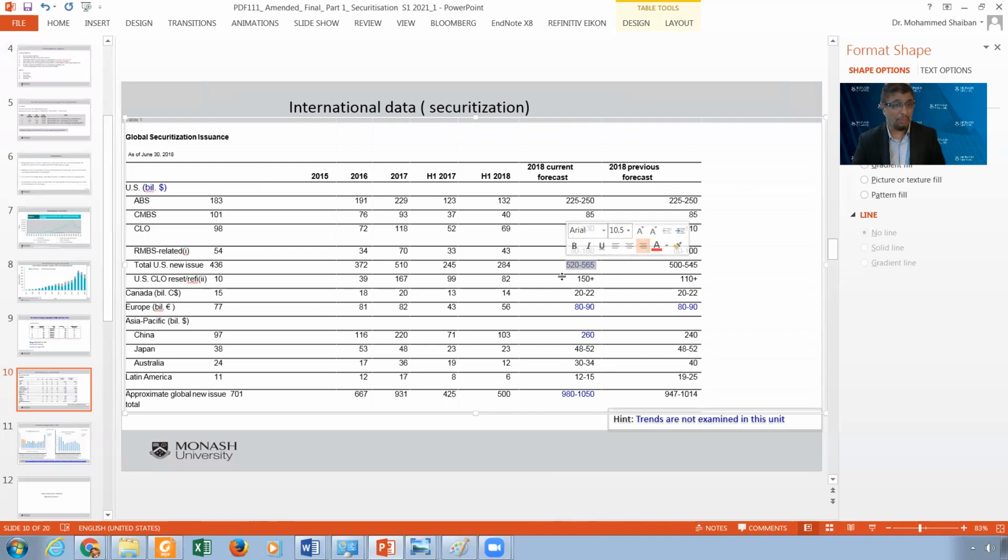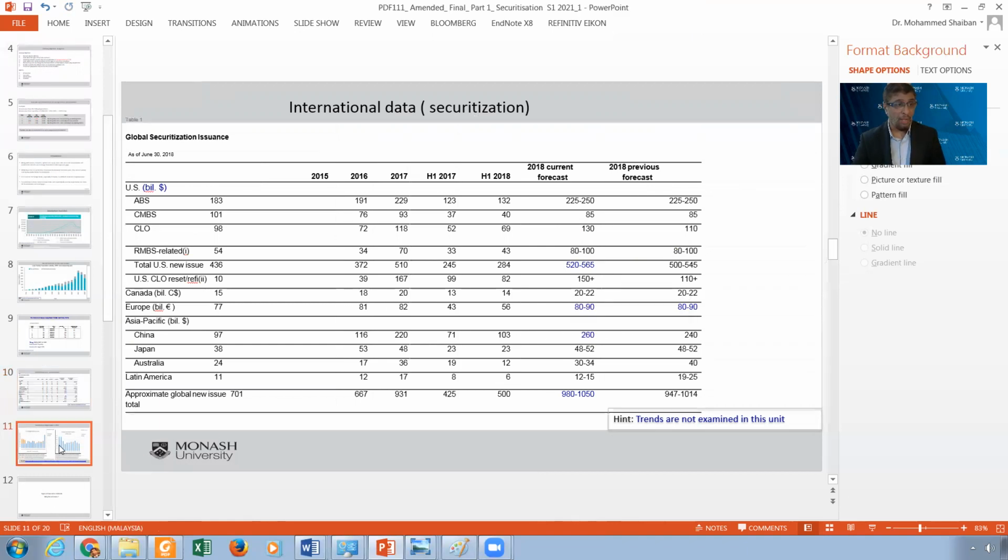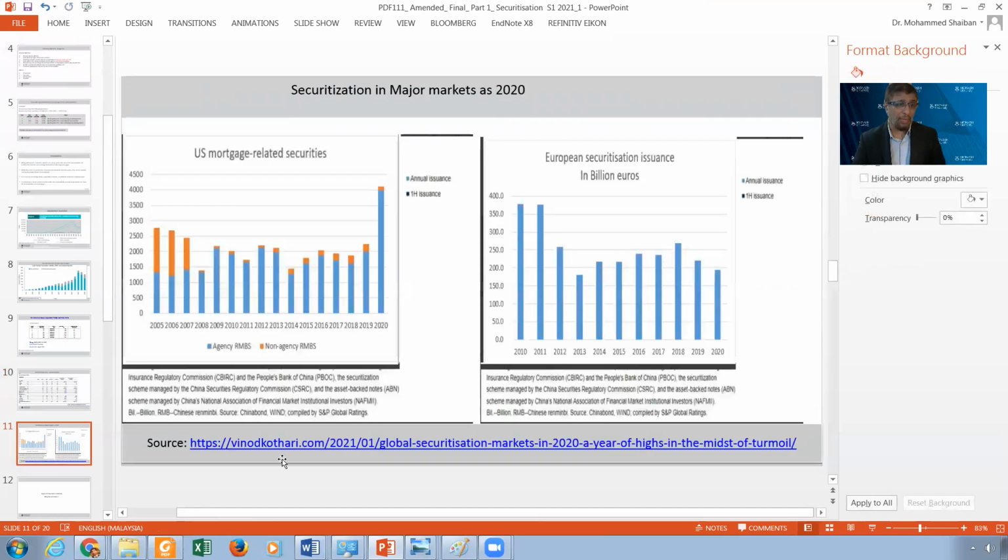So the US is coming to the top. The Europeans have a long history of securitization, but actually the Chinese are picking up strongly in their securitization. This is recent data. I got it from this article, and this is the link, and I can add it to your resources. As you can see, this is 2008.